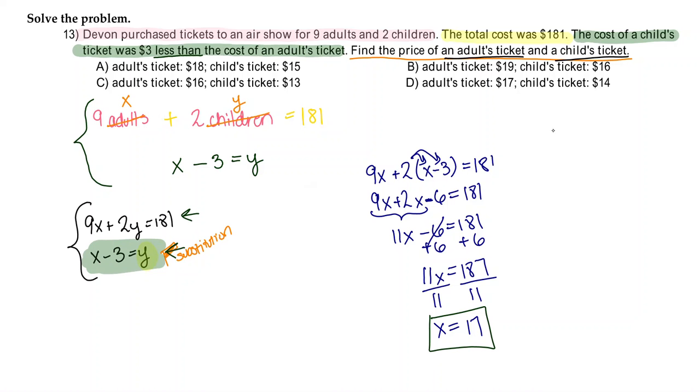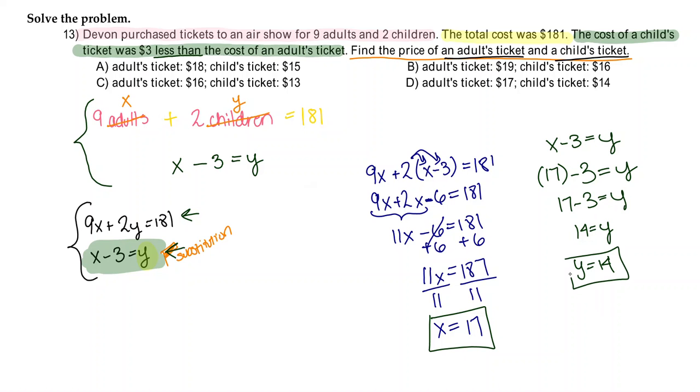So I'm going to write my equation over here, x minus 3 equals y. And every time I see an x, I'm going to replace it with 17. So this is going to read 17 minus 3 equals y. And now I'm just going to simplify that. So 17 minus 3 is 14. So my y equals 14, and my x equals 17.